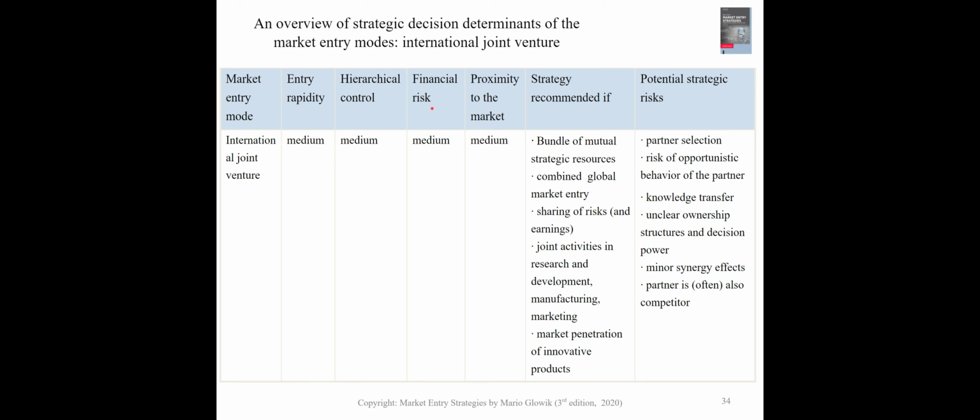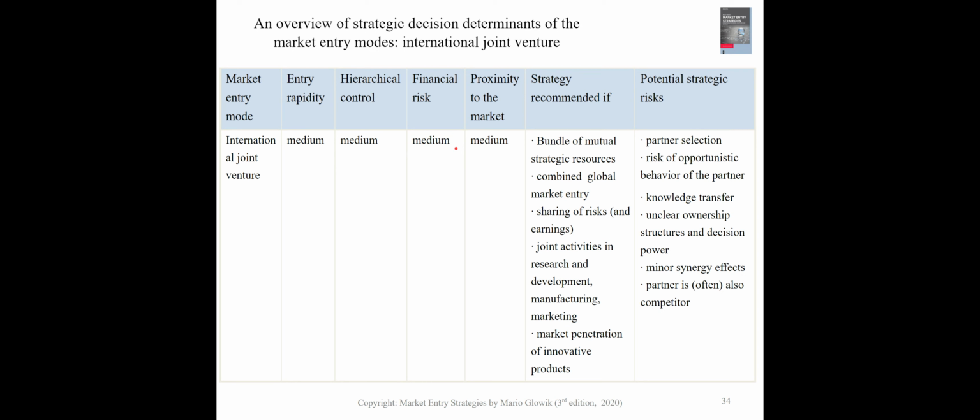That's why the financial risk is higher than in case of strategic alliances, but lower than for the case of a foreign direct investment, because usually the financial risk, similar to the hierarchical control, is shared with the joint venture partner, particularly in case of an equity joint venture.